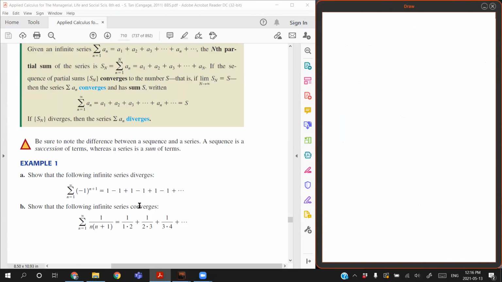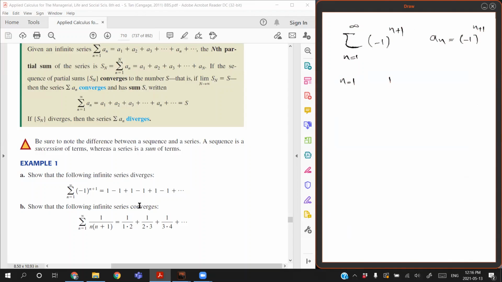Okay. So imagine you have this series, sigma n from 1 to infinity, of negative 1 to the power of n plus 1. If I want to write down the general term of this series, that would be An equals -1 to the power of n plus 1. So when n is 1, I'm going to get -1 to the power of 2.